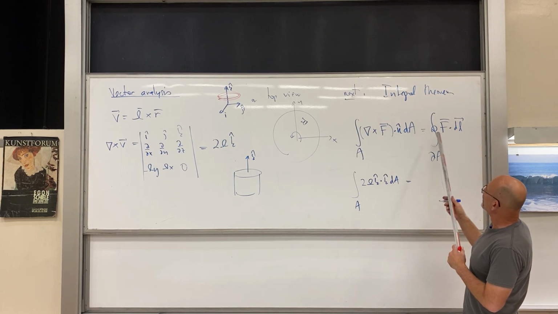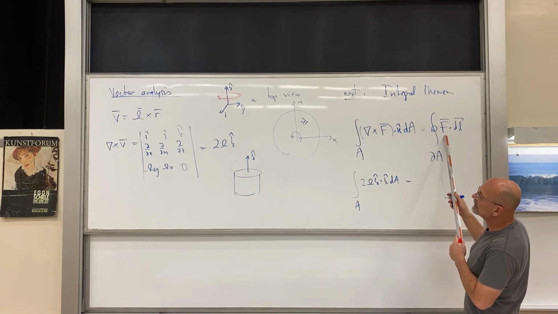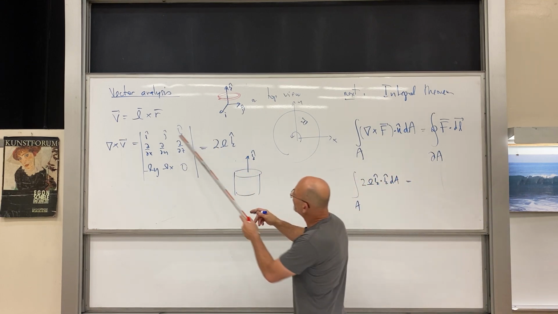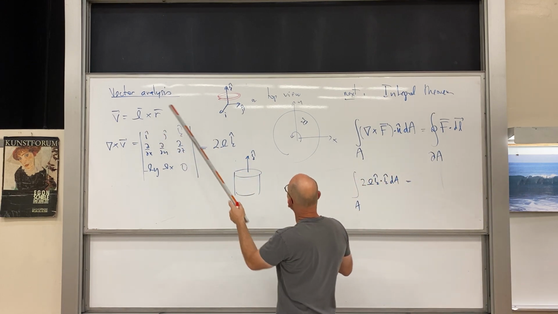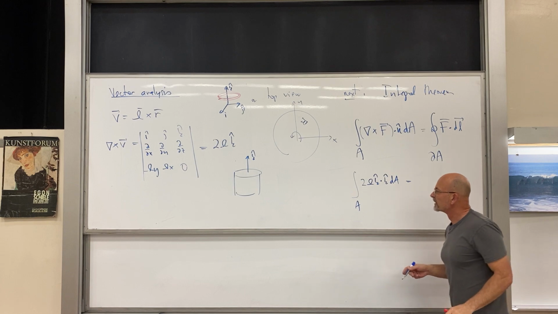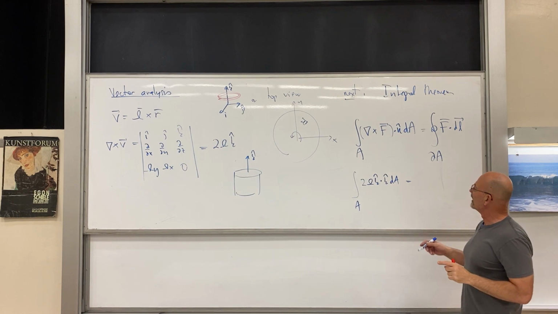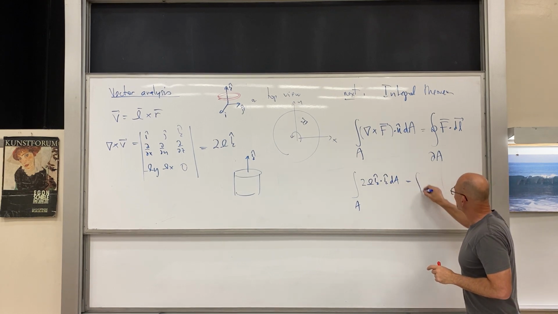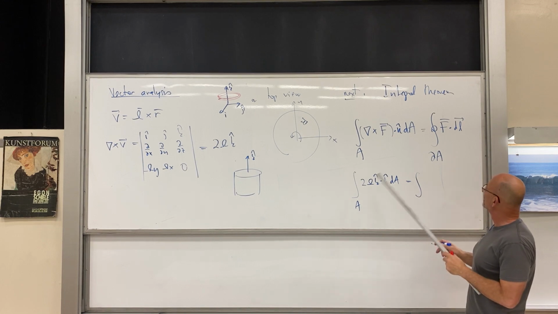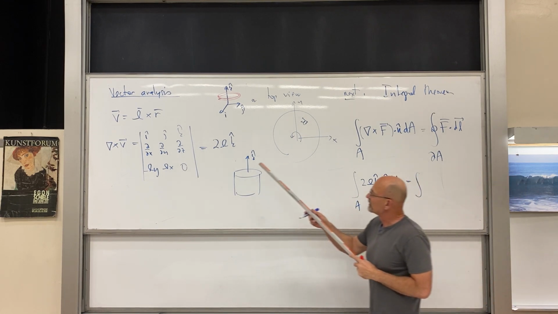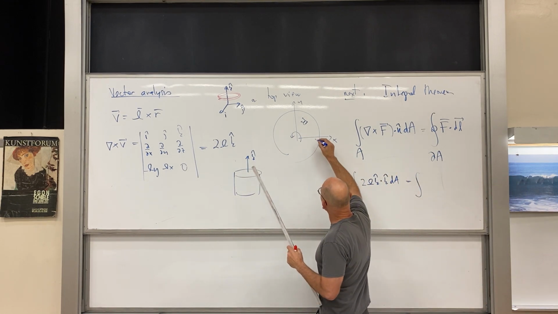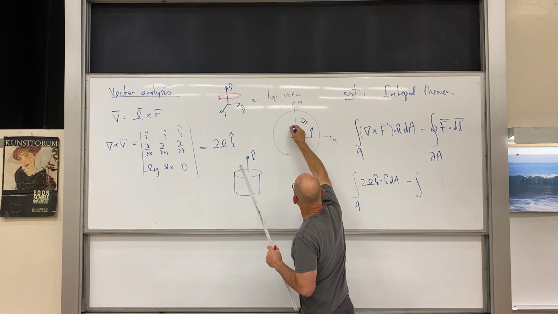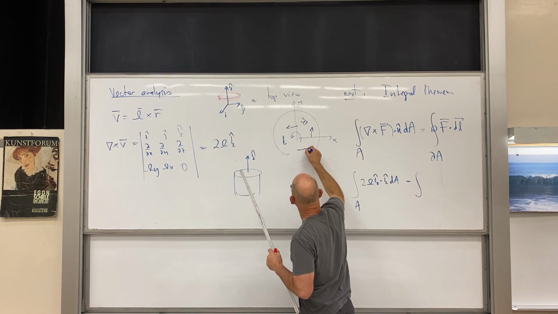Now what about our vector here? Omega, barely recognize that's an omega cross r. Well, we know for omega cross r, in terms of its direction, it's always tangent, like that.